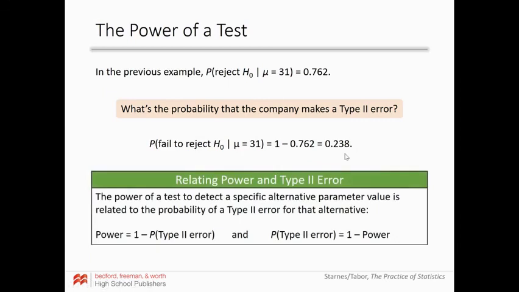In this example, the probability of making a type 2 error is 0.238 because the power is 0.762. This formula is pretty important to realize: power is equal to 1 minus the probability of a type 2 error. Or if you want to find the probability of a type 2 error, it's 1 minus the power.